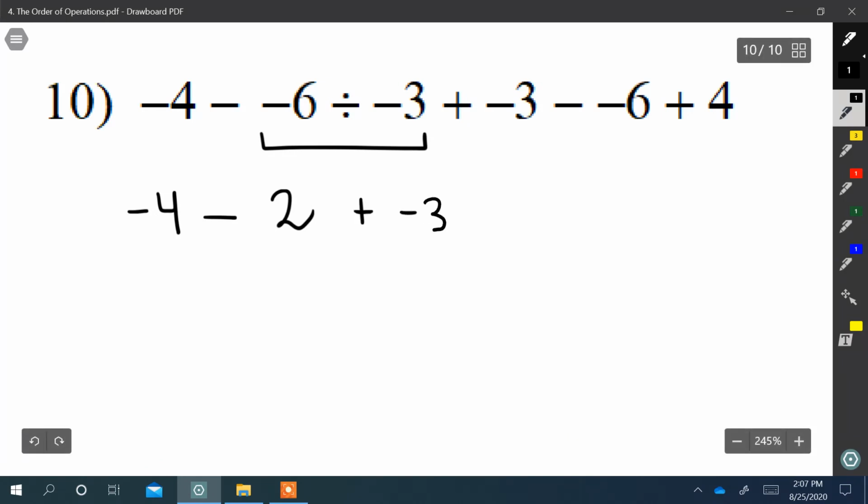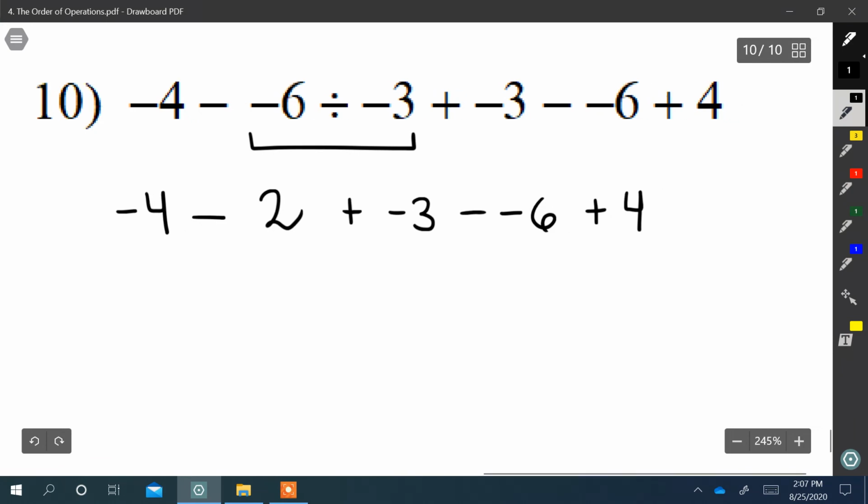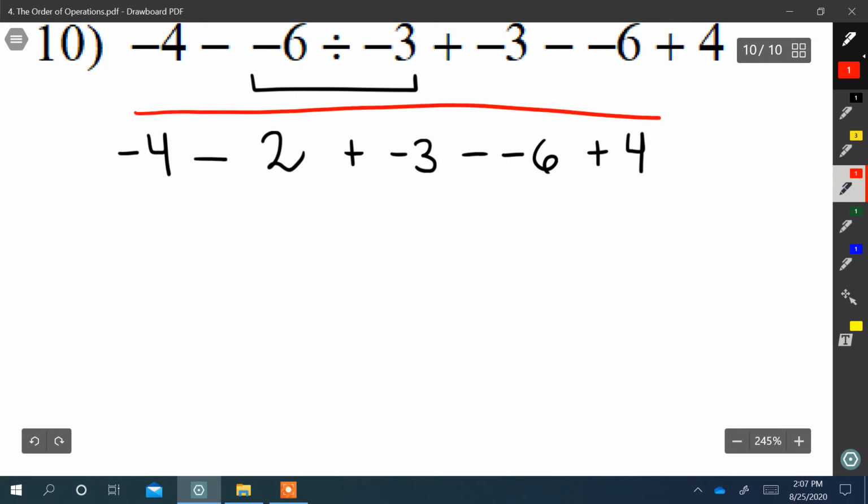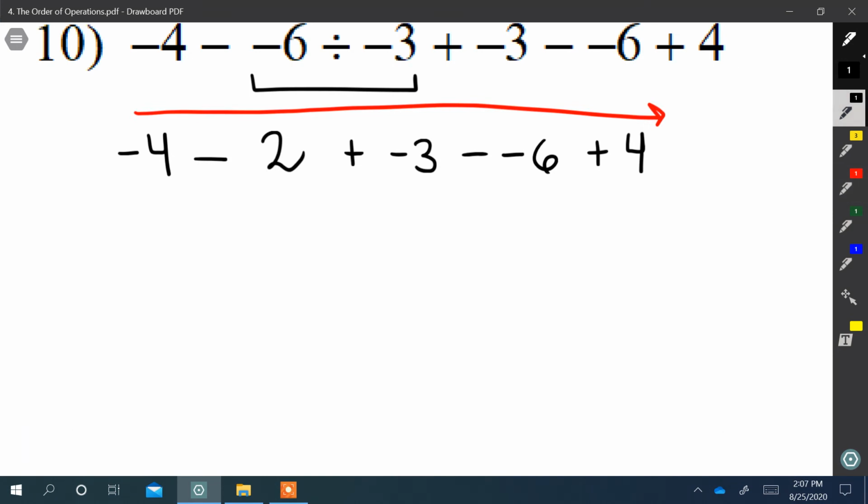Plus negative 3 minus negative 6 plus 4. Since we have subtraction and addition, you do it at the same time, but you have to do it from left to right all the time. Left to right whenever you have just addition and subtraction.